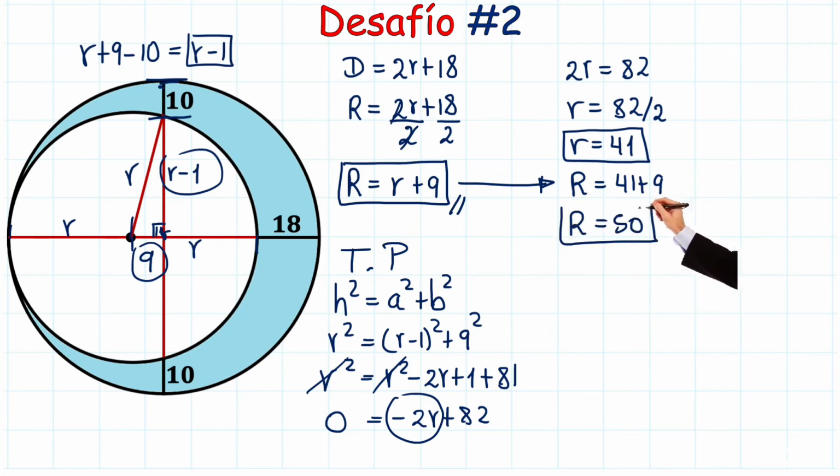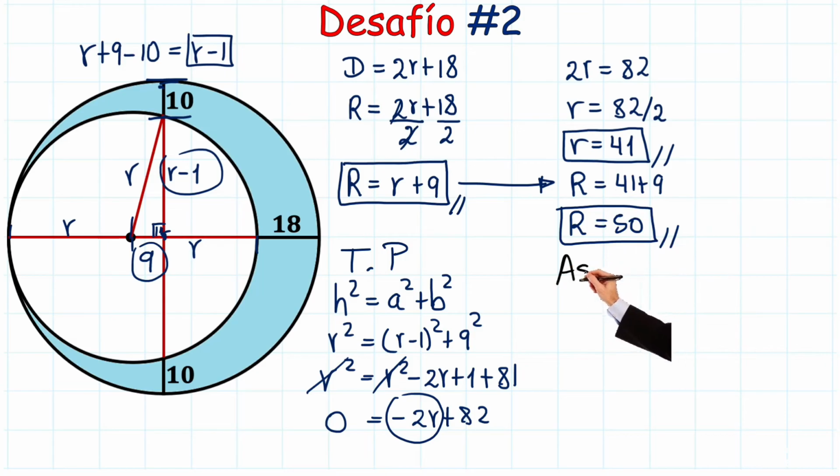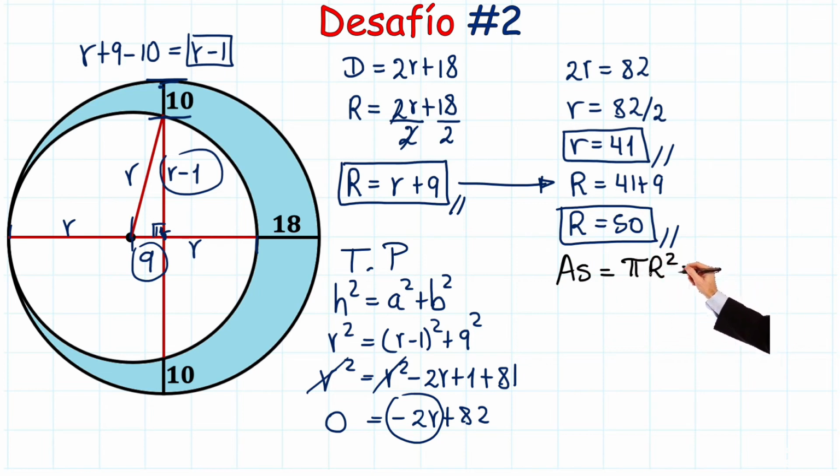Phenomenal. We now have the radius for both the small circle and the large circle, and with this, we can find the shaded area. The shaded area, ladies and gentlemen, is going to be equal to the area of the large circle, which is pi times the radius squared, capital R, minus the area of the small circle, which is pi times the small r squared. Okay, now what is capital R, ladies and gentlemen?